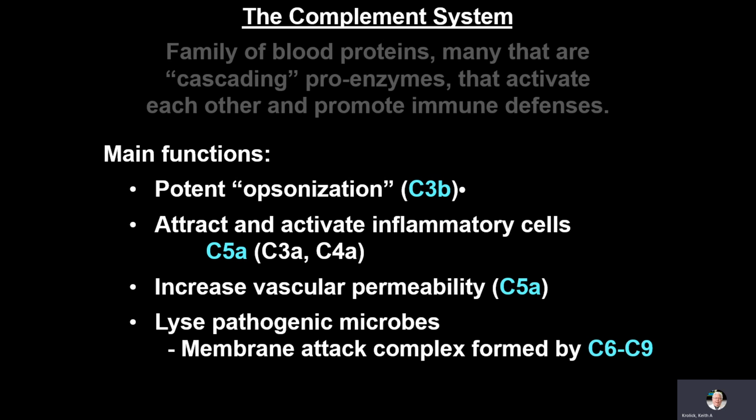That membrane attack complex often has fondly been described as mediating the MAC attack. Now that just makes me hungry, but anyway, you'll hear people say that every once in a while. Membrane attack complex.